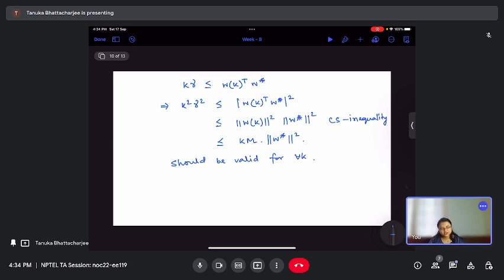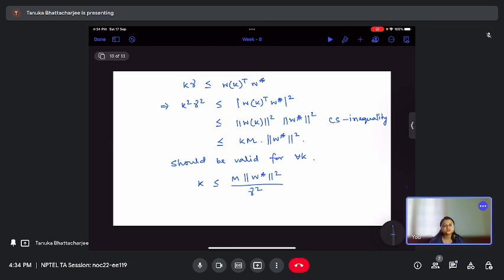But here you can easily see that this expression implies that k is less than or equal to m w star norm square by gamma square, right. So, your k is less than or equal to a finite value. So, this condition is valid up to some finite k value.